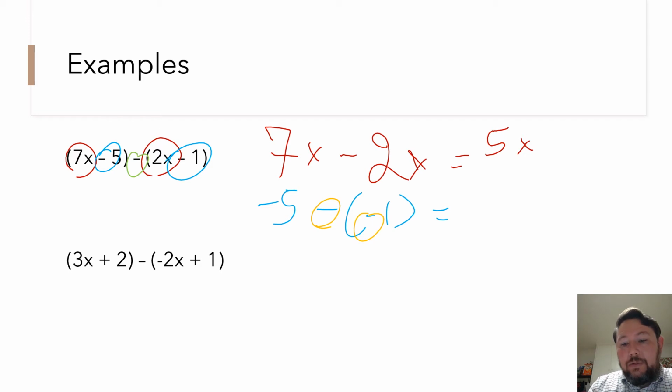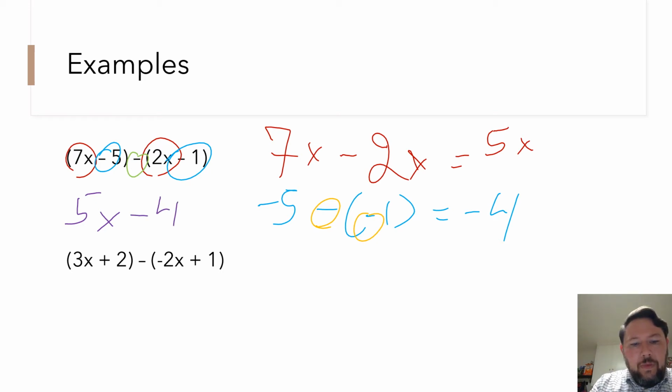We're going closer to 0 when we do that. So that's going to result in negative 4. So our final answer for this problem is 5x minus 4.